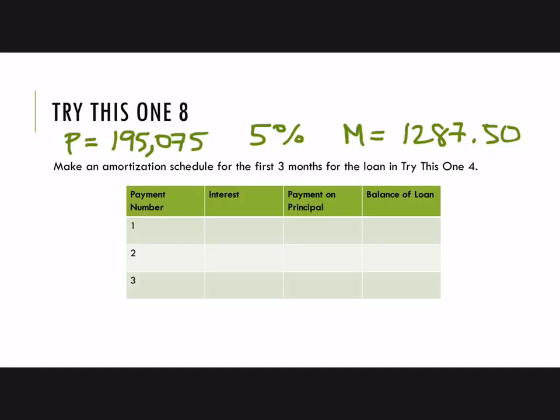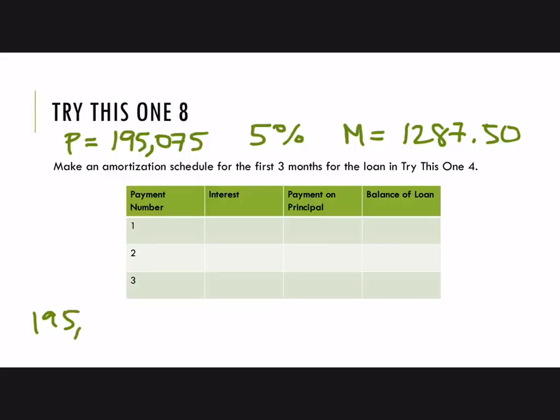All right, let's try one more example. Make an amortization schedule for the first 3 months of the loan and try this one, example number 4. So this mortgage had a principal of $195,075. It was a 5% mortgage, and the monthly payment was $1,287.50. Okay, so step 1, find the interest for the first month.